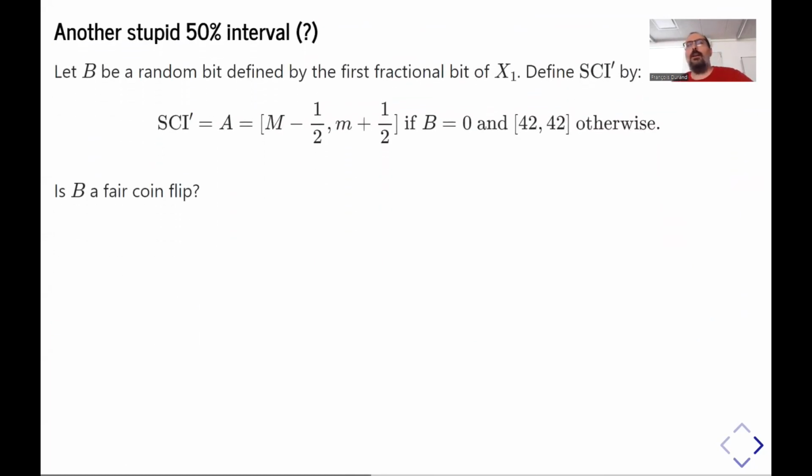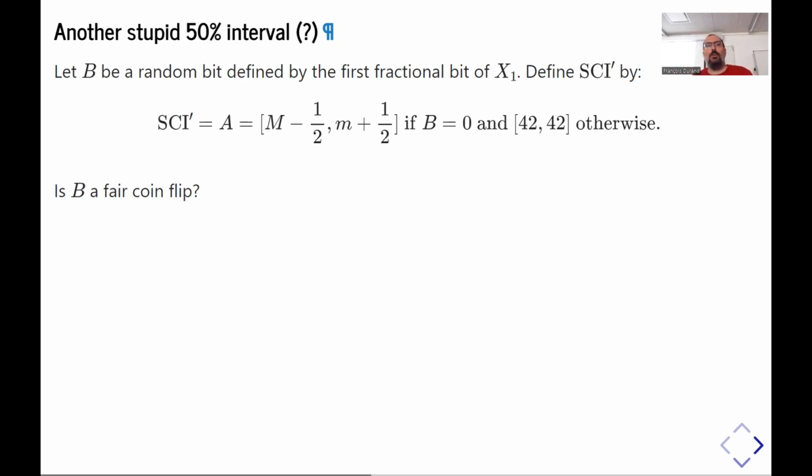Okay, let's try to construct another stupid 50% interval. And once again, it's to see if you are asleep or not. So now let B be a random bit that is defined a bit differently. It's the first fractional bit of x1.